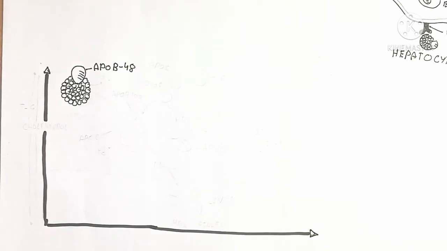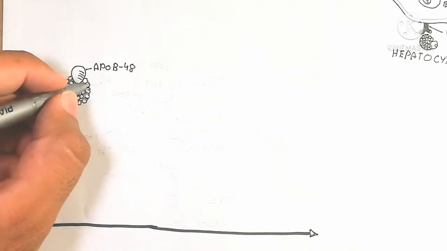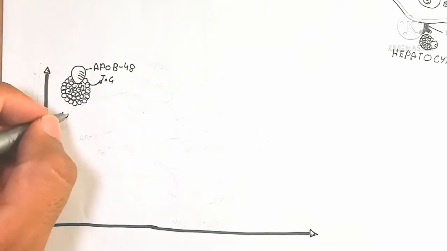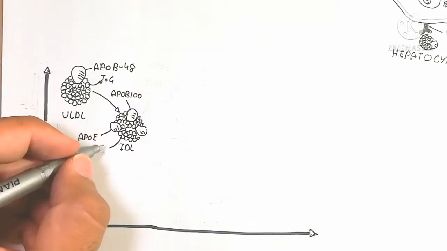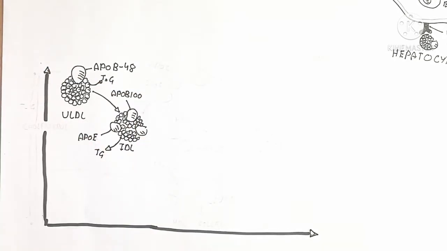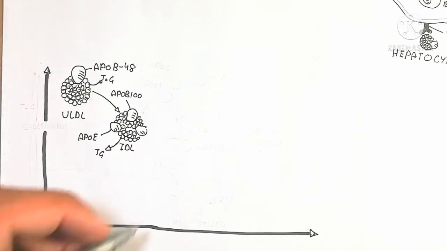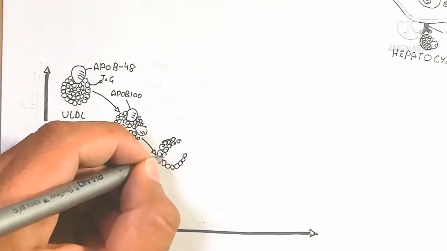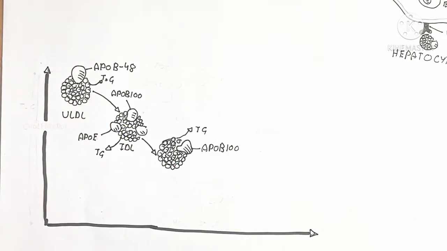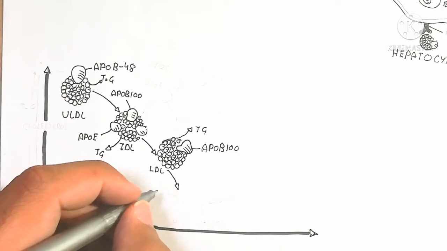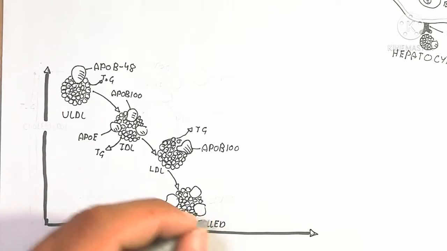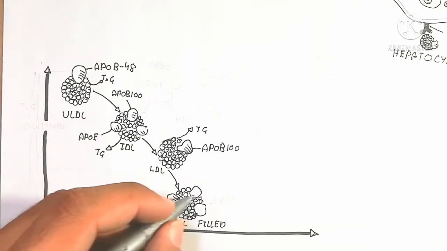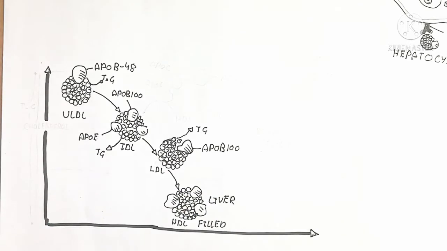So here we will discuss the amount of triglyceride and cholesterol in different manners. So here is ApoB48. ApoB48 is contained in very low density lipoprotein. This very low density lipoprotein contains more triglycerides, with more apoprotein B, while the cholesterol is low because it is not picking up cholesterol from the peripheral tissue, and it is ultimately converted, by giving the triglyceride to the cells, into IDL containing ApoB100 and ApoE.